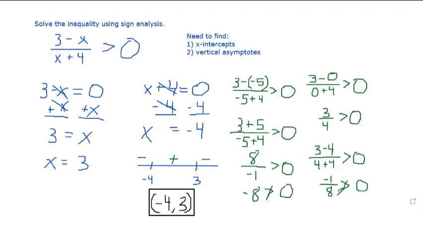Basically it is from -4 to 3, but not including -4 and not including 3. All right, so that is how we would solve this type of problem.